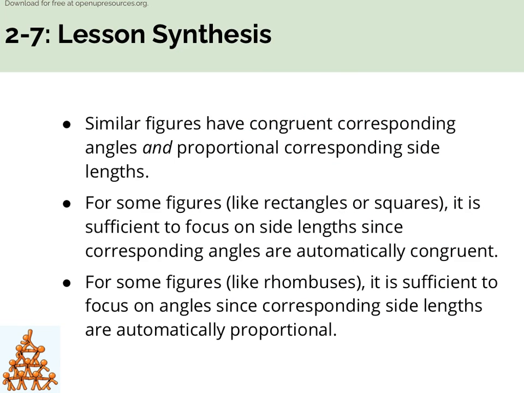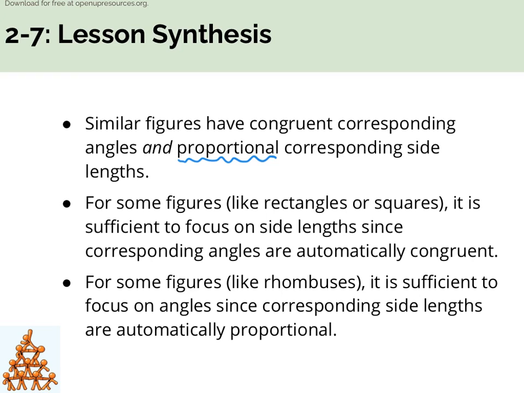So what was our goal to learn for today? Similar figures have congruent corresponding angles, so all the angles are the same, and proportional corresponding sides. Remember, proportional means we can make a fraction out of it, right? And scale factors are fractions. So similar figures have angles that are the same, and the sides make fractions, okay? And for some figures, like a rectangle or square, it is sufficient to focus on the side lengths, since we know the angles of a square and a rectangle are 90 degrees, so we just focus on those sides.